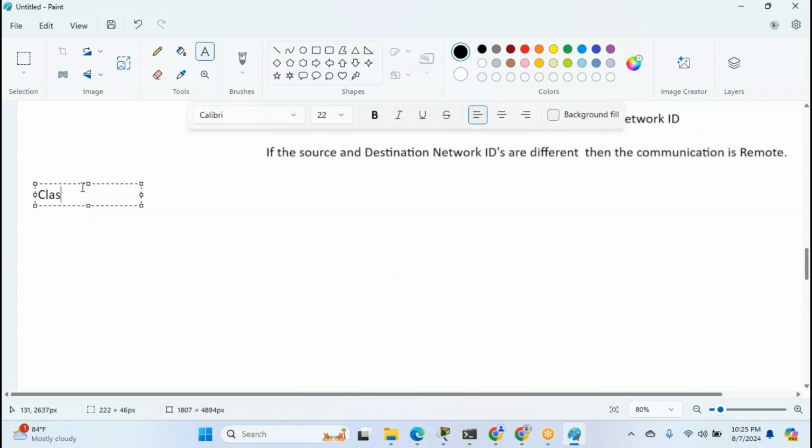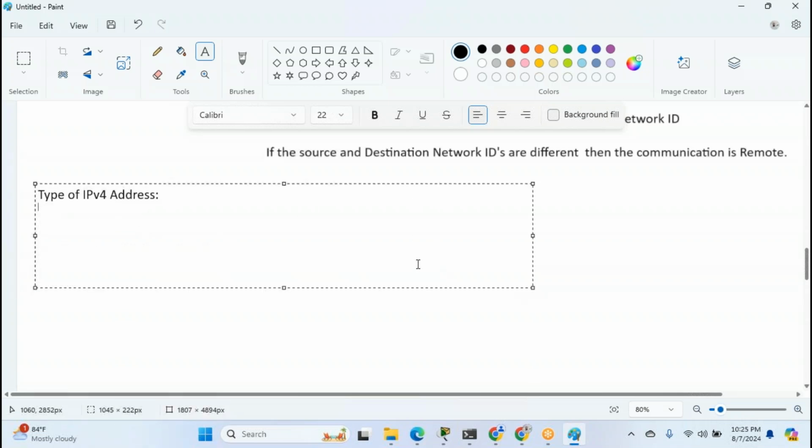So now we will discuss the types of IP addresses. The first one is called public IP. The second one is called private IP. The third type is special use. A public IP address is used to communicate over the internet.